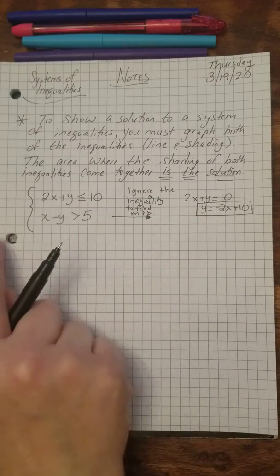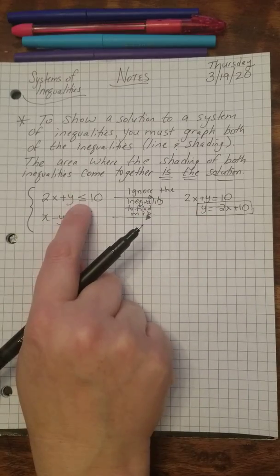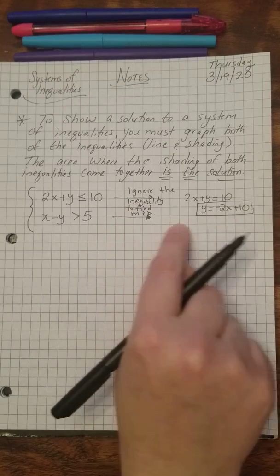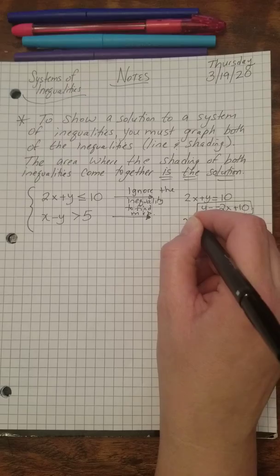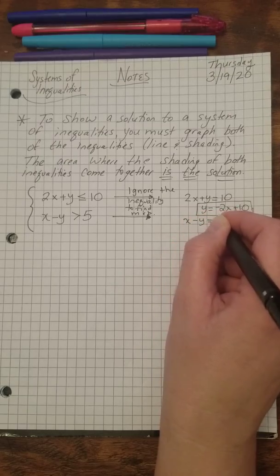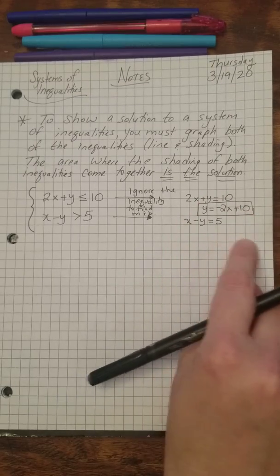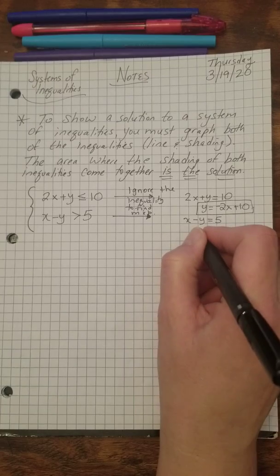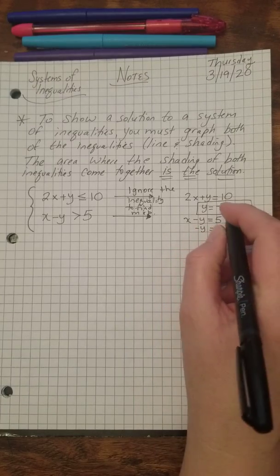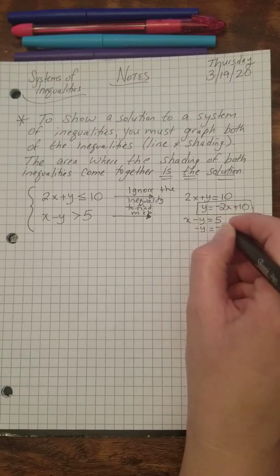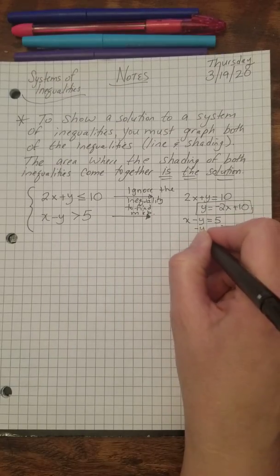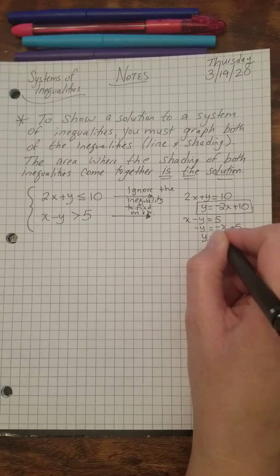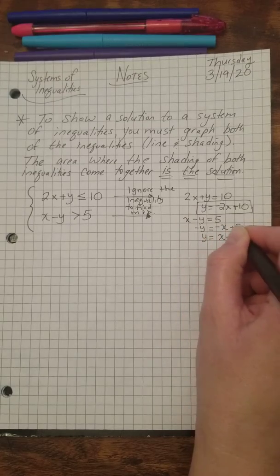And I know that it's going to be a solid line because it's equal to. The other one that we're going to make is x minus y equals 5. When I solve this, I end up with negative y is equal to negative x plus 5. Then I have to divide by negative 1. So I get y is equal to x minus 5.